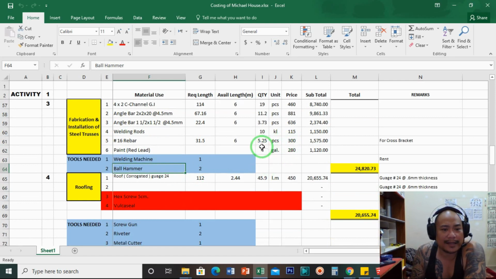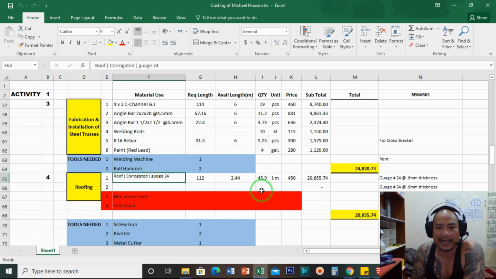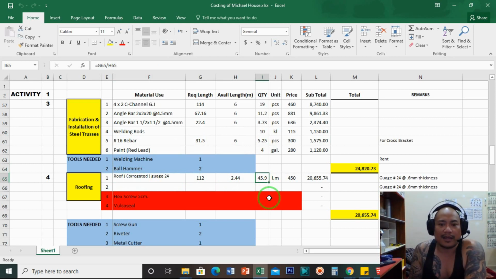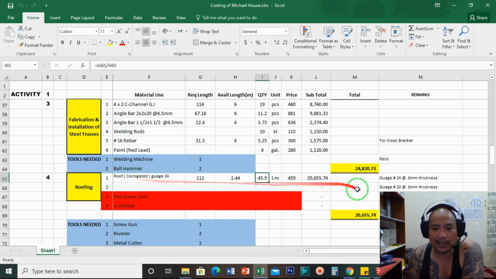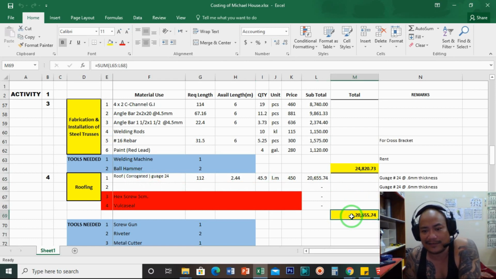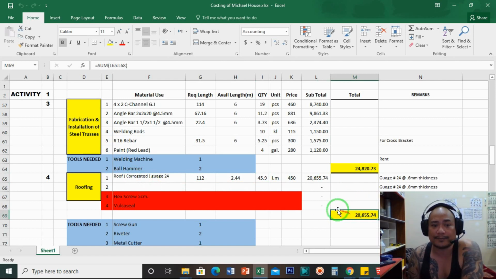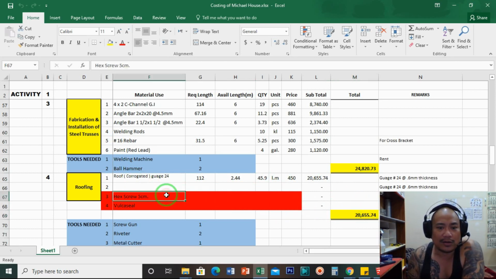Now, next activity is roofing. The roof corrugated gauge 24, at least I need around 46 linear meter. Last time I canvassed, the price is around 450 per linear meter. So total cost of this one is 20,655.74. Also for installation, we need hex screw, 5 cm, and sealer, Volca seal.